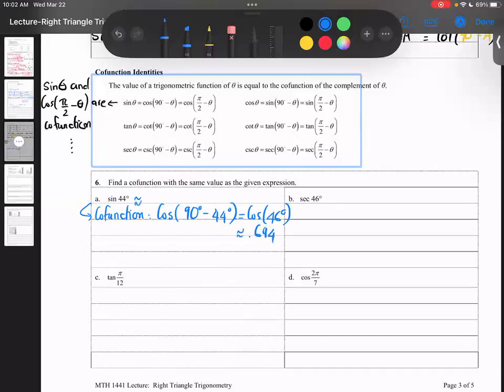What do you have? I want you to confirm it. We know the answer, but confirm it. Sine 44 degree, you got the same, 0.694. So we got the right answer, right? That's how to check.